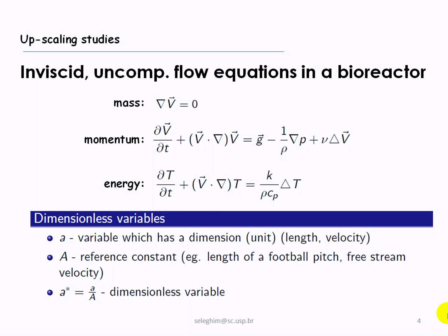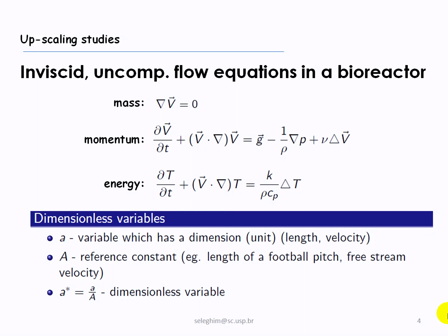And the energy equation says that the internal rate of energy variation is equal to the energy transported by the flow, and also energy that is coming by conduction inside the flow. These equations are very simple, but they are sufficient to show what I want to show.